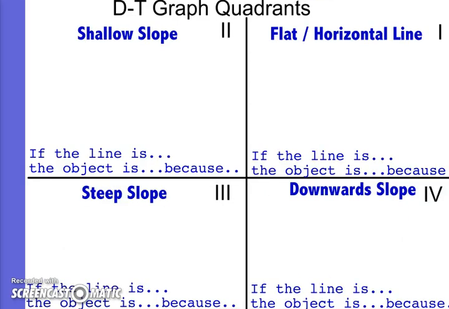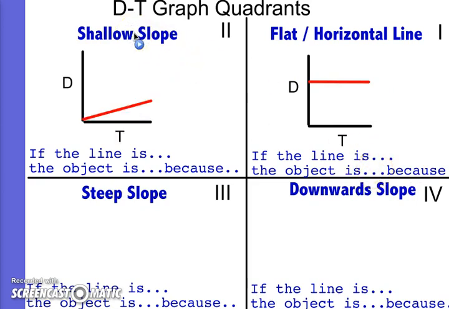So when you go to your quadrants, you're going to make a distance time graph that looks like this and explain if the line is horizontal or flat, then what is the object doing? And why does a flat line mean the object is doing whatever motion you said? Your shallow slope will look like this.